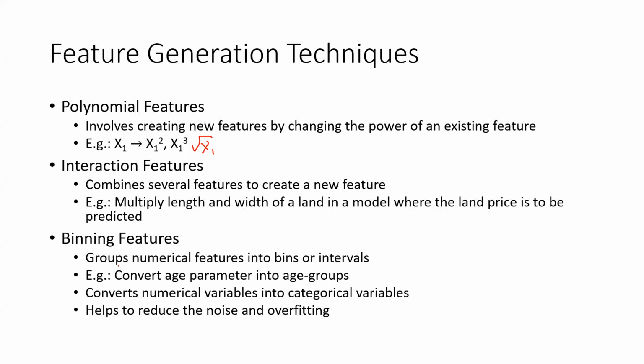So instead of having it as a continuous variable, you can group it into several age groups, like lesser than 5, from 5 to 10, 10 to 30, and so on. So taking these numbers and putting them into a bin or category is known as binning, right?